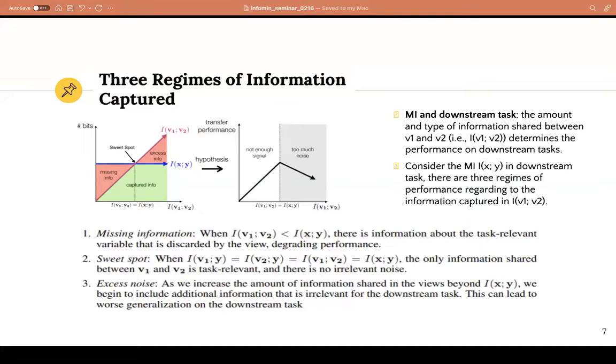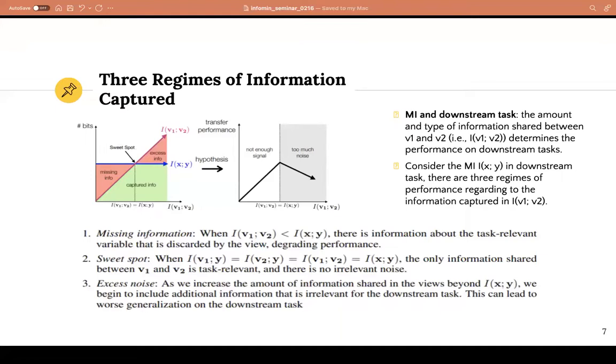If we get the second condition, I(V1;Y) equals I(V2;Y) equals I(X;Y), we call that a sweet spot.